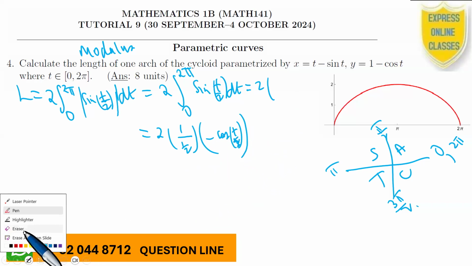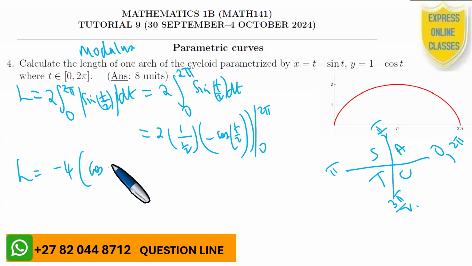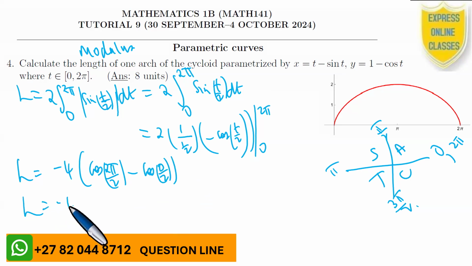And then, evaluated up to 2 pi, so now it's 4 minus 4, which is the cosine of 2 pi over 2 minus the cosine of 0 over 2, which is cosine pi minus cosine 0.